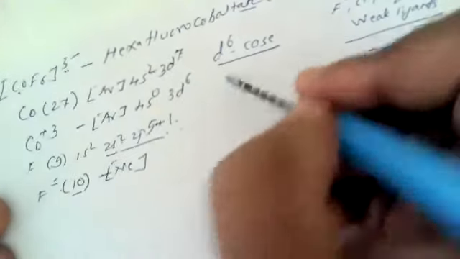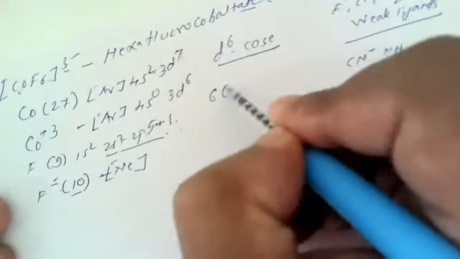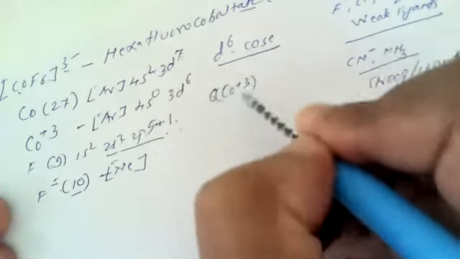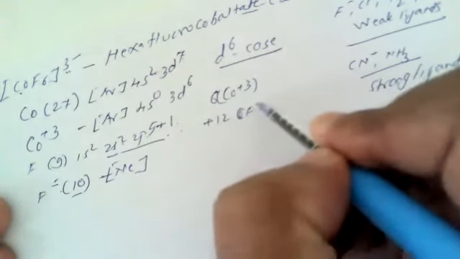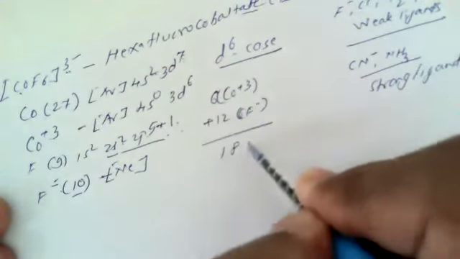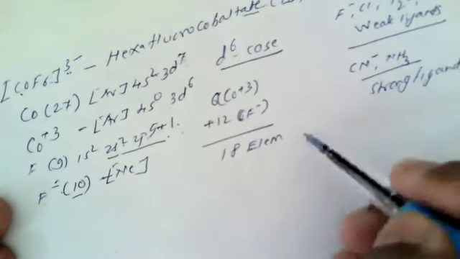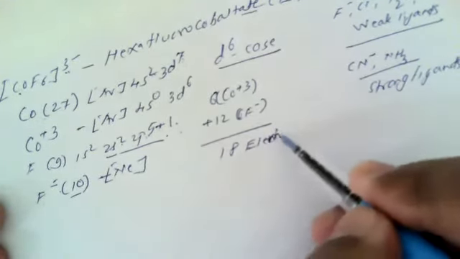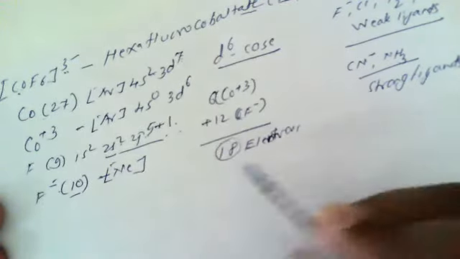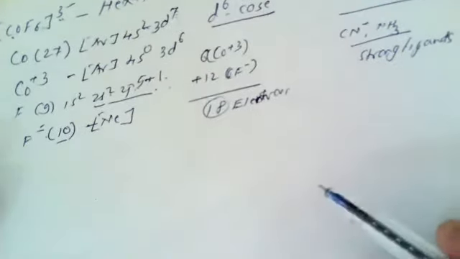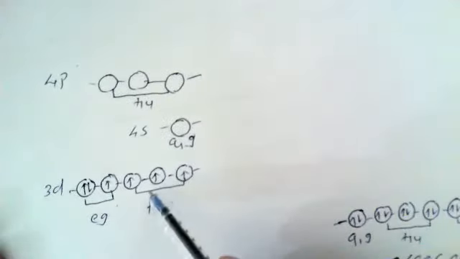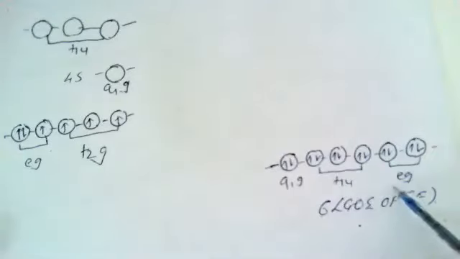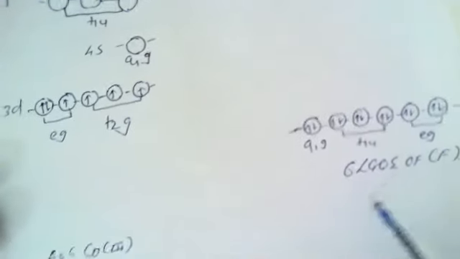Now, 6 electrons are donated by cobalt plus 3, plus 12 electrons donated by 6 fluorides. So the total number of electrons is 18. So it is again an 18 electron system, where 6 electrons are contributed by the metal and 12 electrons are contributed by 6 fluorides.